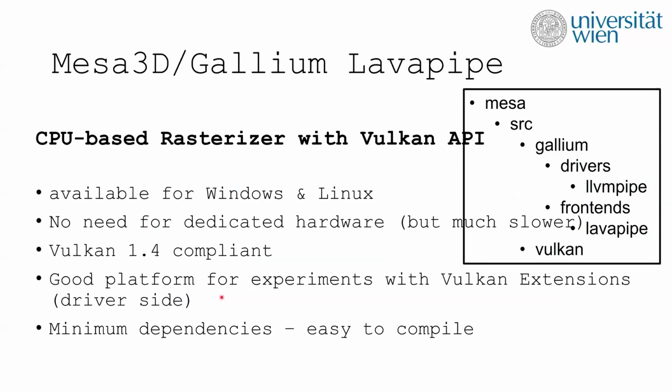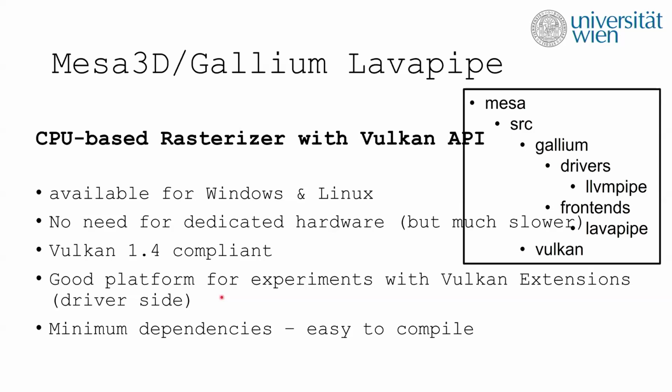A short word about the Lavapipe project. If you don't know it, it's within the Mesa driver. It's available on Windows and Linux, and it provides you full Vulkan API 1.4 compliance without any hardware support, so a CPU, but no GPU.